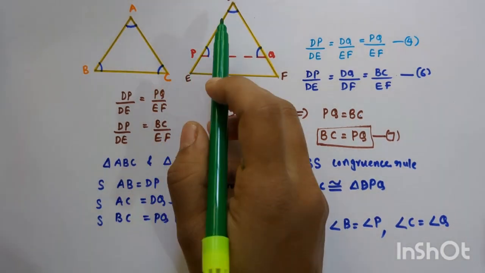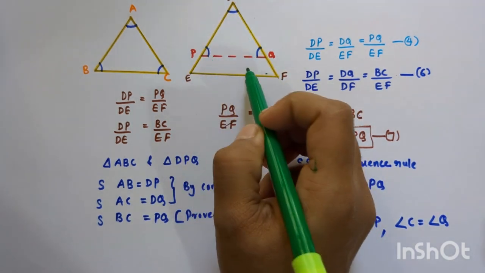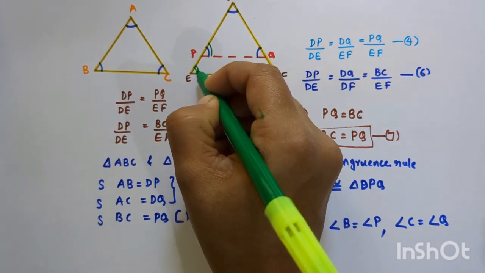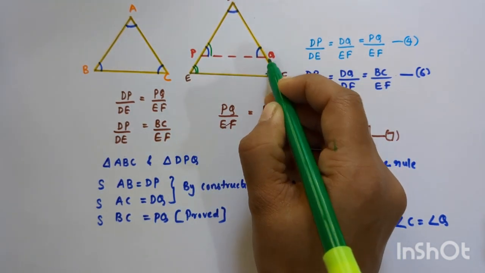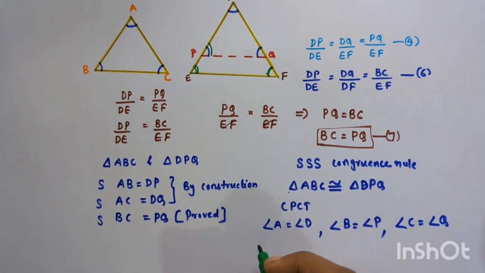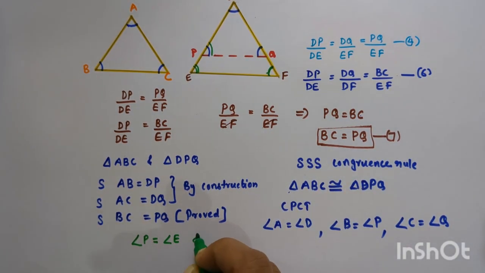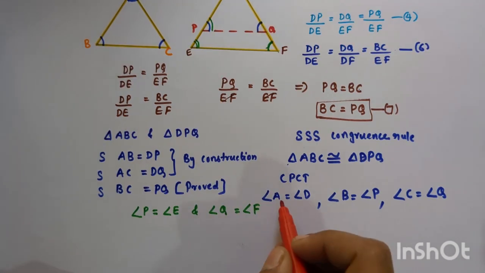Now, in triangle DEF, this big one, we have already seen that angle P is equal to angle E, and angle Q is equal to angle F, which you have already proved. So now you just compare these.